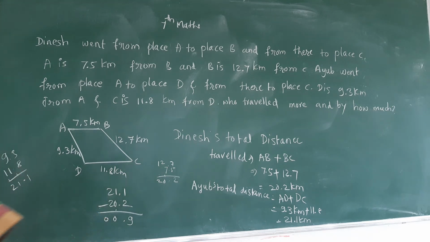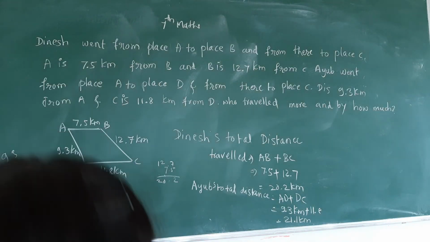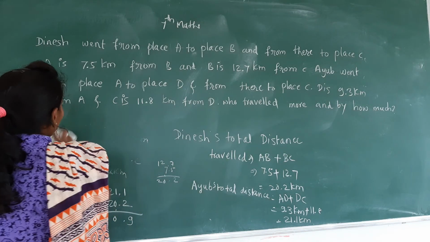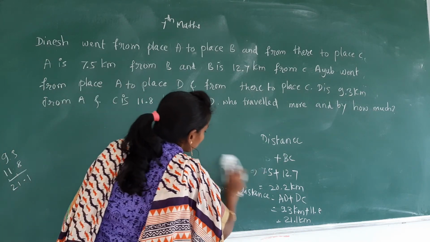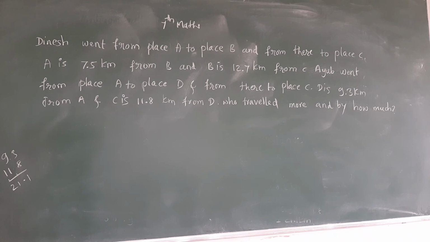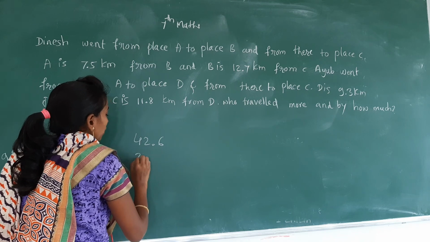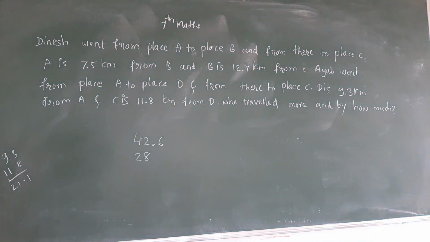Again, one more. How much less is 28 kilometers than 42.6 kilometers? They have asked how much less is 28 kilometers than 42.6 kilometers. This means from 42.6 kilometers we subtract 28 kilometers, then we will get how much less 28 is from 42.6.